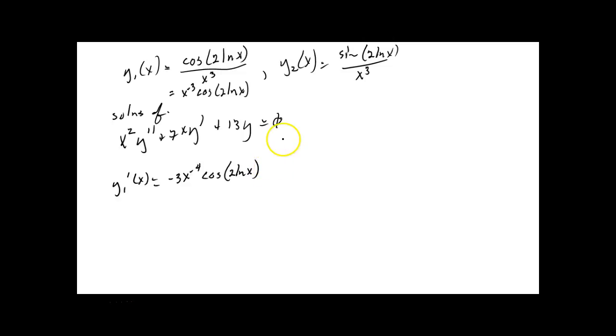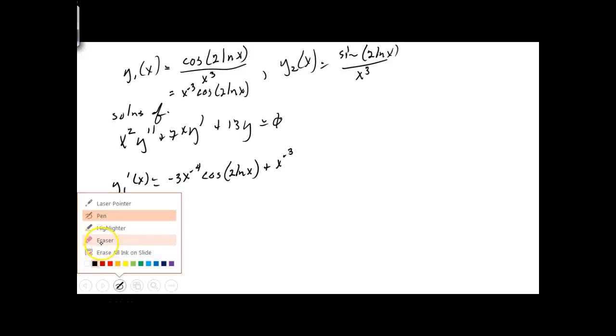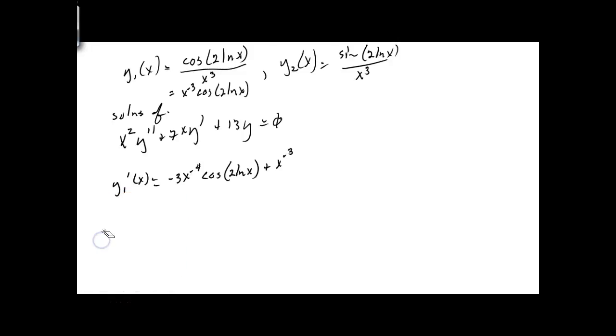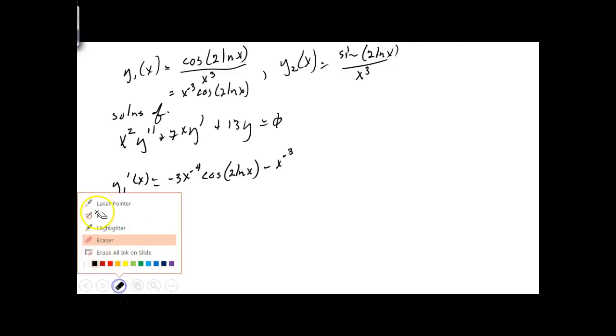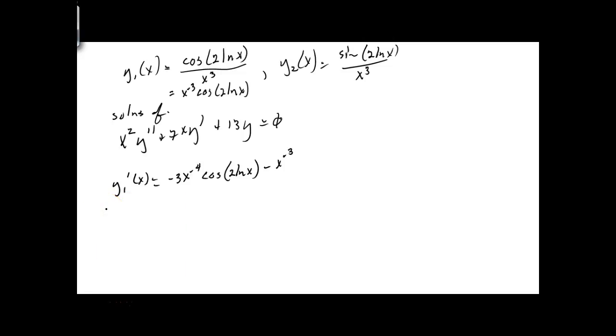Second term is plus x to the minus 3, the first one, times the derivative of the second, which is what? Derivative of cosine is, and that's where your sine came in, right? What's the derivative of cosine? Negative sine. So I had to change that to a minus then.